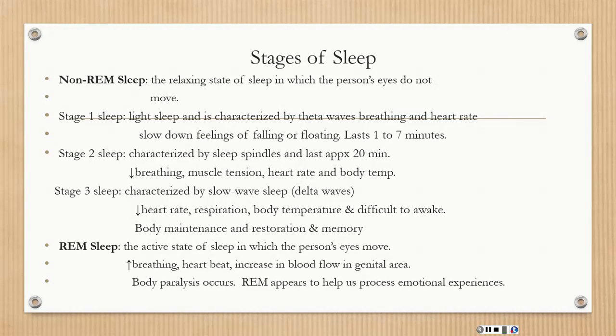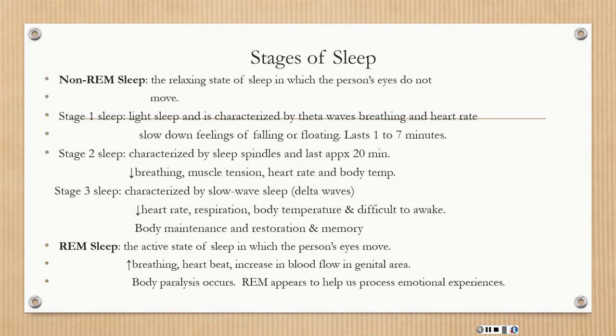REM sleep is also very much noted as being what we call paradoxical sleep, because during this time you're having all of this brain activity while your body is pretty much paralyzed, meaning you can't really respond to dreams, you can't move your limbs and things of that nature, unless you have some form of disorder. So, super important to remember the two types of sleep, non-REM and REM.